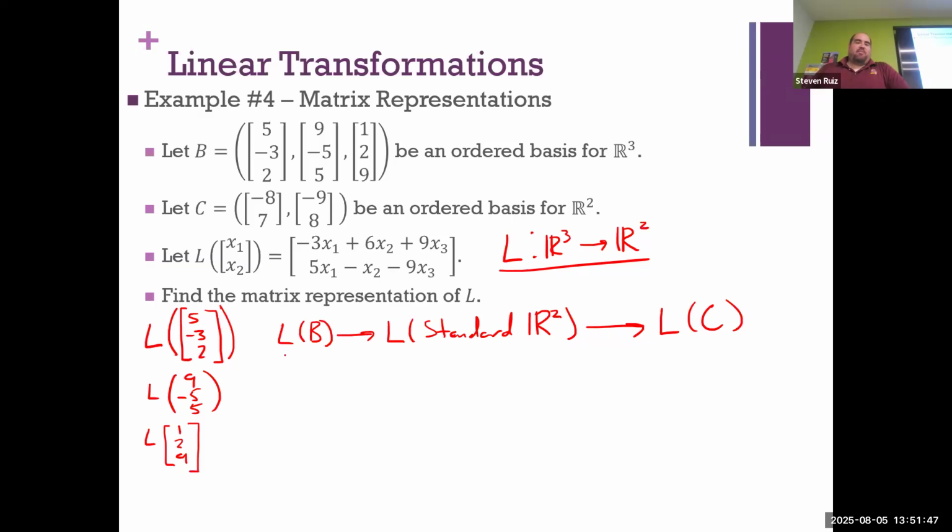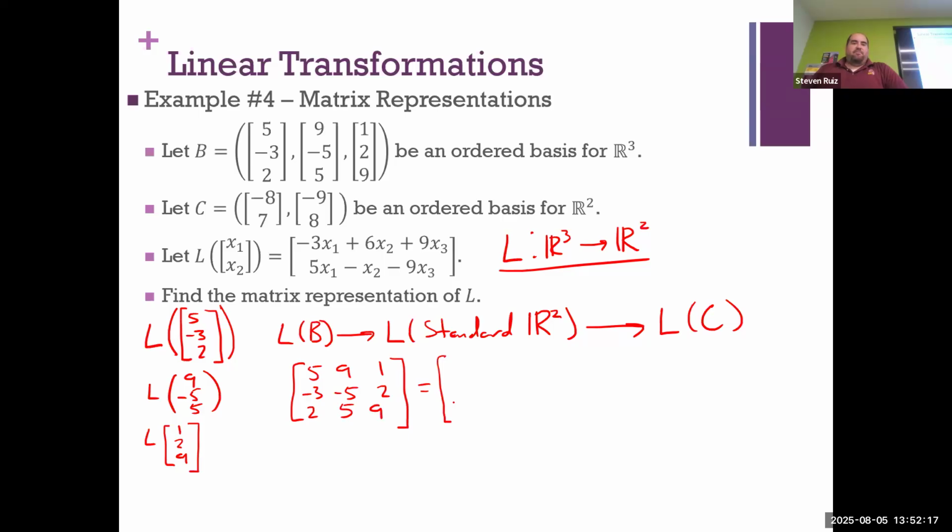So let's talk about how we got each one of these things. How did I find L of B? So basically I multiplied, and if I'm saying this is linear, I better be able to do the entire thing with matrices. So what did I multiply my basis matrix B by to get to this?